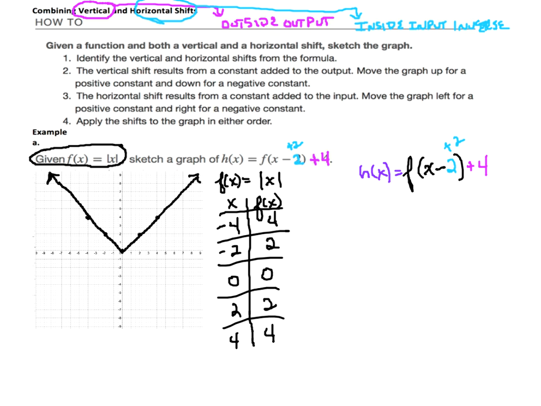So on my input values, I need to add 2, and on my output values, I need to add 4.